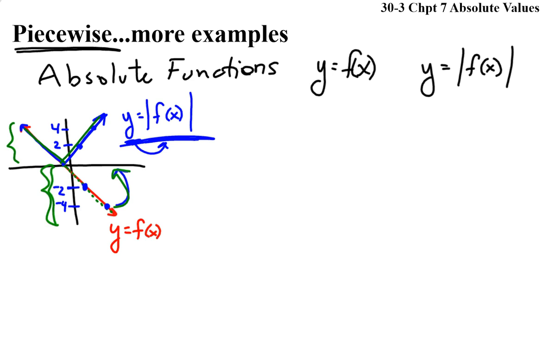The initial f of x graph is just a regular line graph, but then we end up with the absolute graph where part of it's the same, but that negative part reflects up and all the y values become positive values. The negative y values become positive y values. That's what an absolute function graph does.